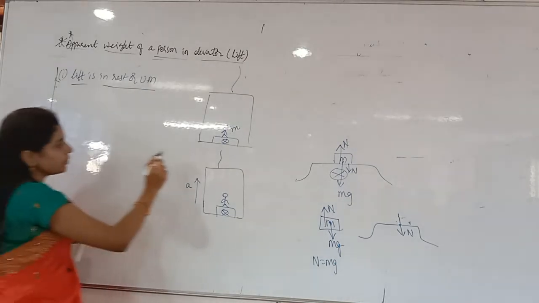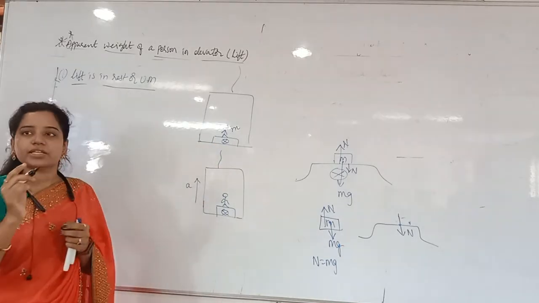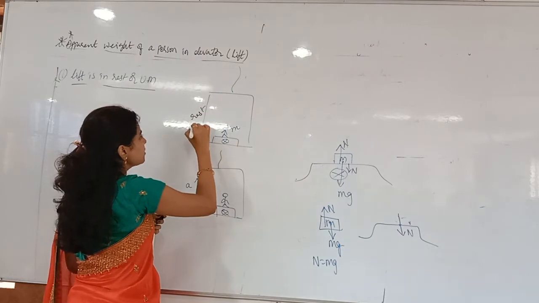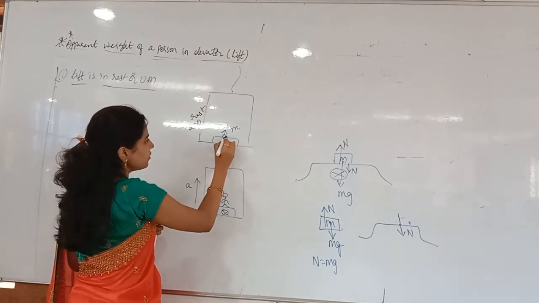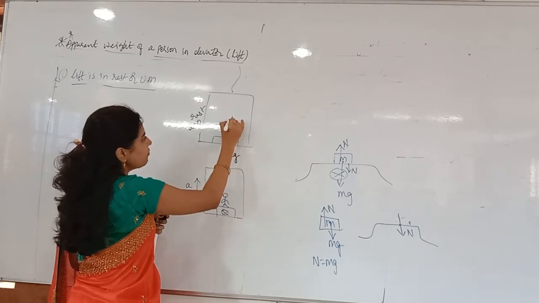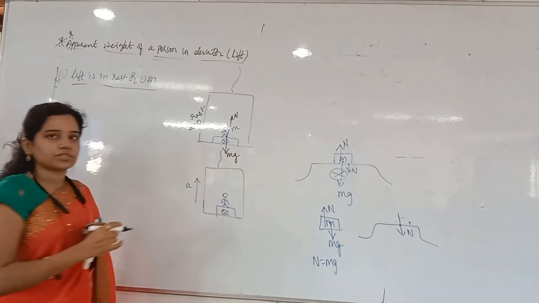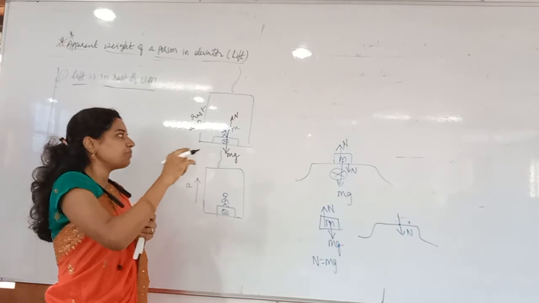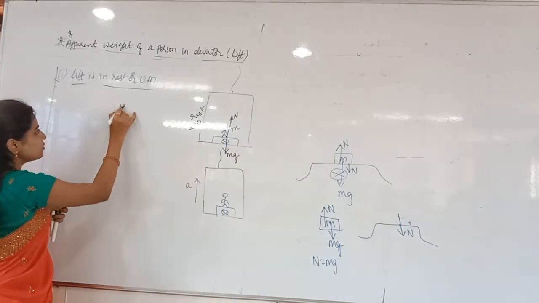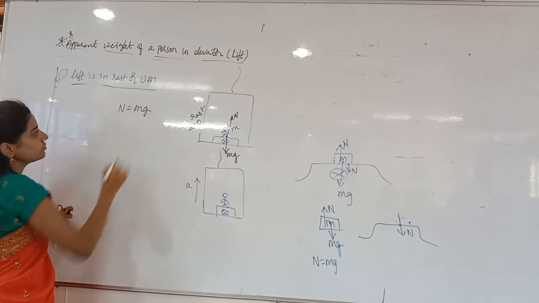Lift is at rest, nothing but, I said who will give the apparent weight here? Normal reaction. So this is at rest. There is no acceleration, nothing but only two forces are acting on the person, that is mg and of course, which one? That is normal reaction. Which will give the apparent weight? Only the normal reaction will give. So N is equal to what will we get here? Directly mg.